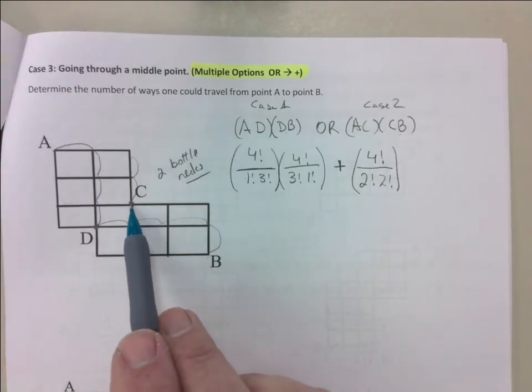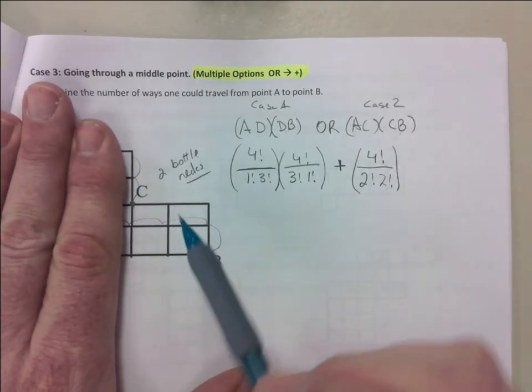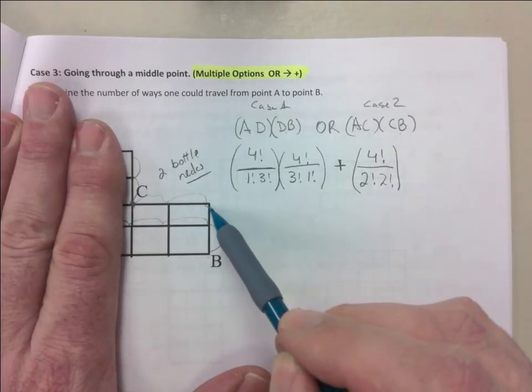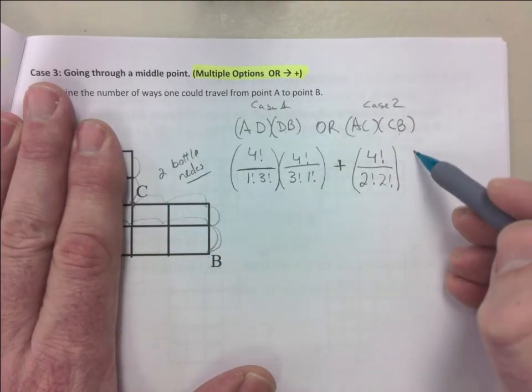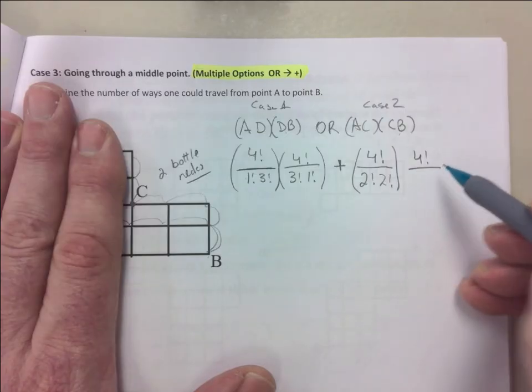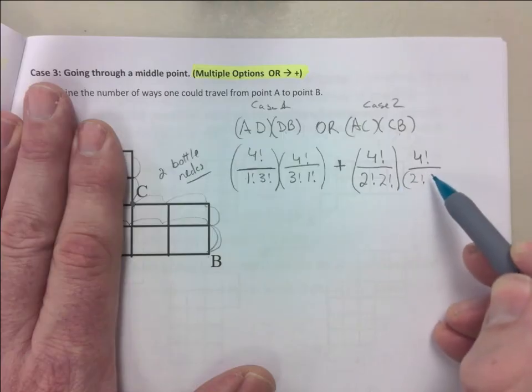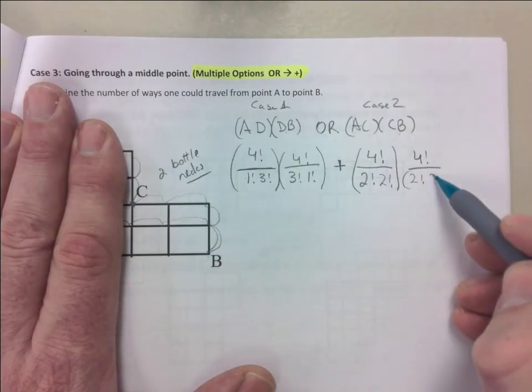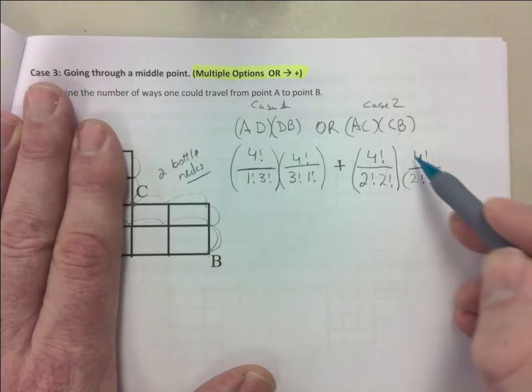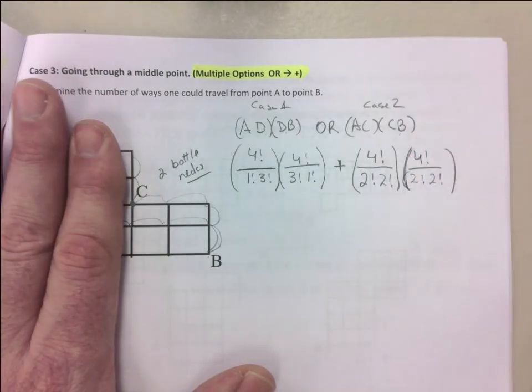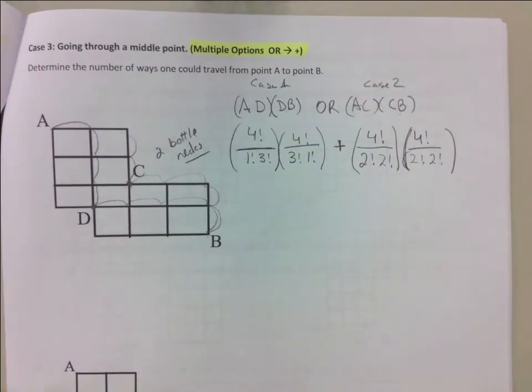Now we're going to consider from C to B, so you almost want to ignore everything else, and it's 1, 2, 3, 4. Still 4 factorial, divided by 2 sideways, and 2 up and down. You should not have decimals. You're in trouble if you have decimals, okay?